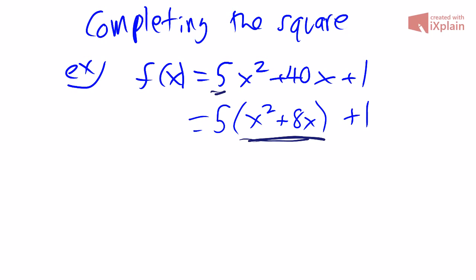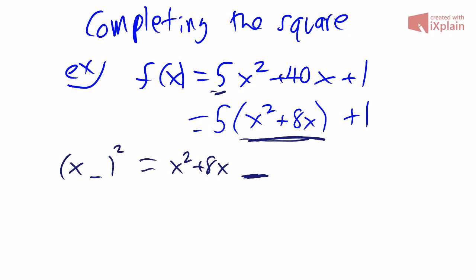So in other words, we want this to be something like x, plus or minus something, squared. So we want that to equal x squared plus 8x, and there's probably going to be something over here too. So we're going to try to write it as a square.